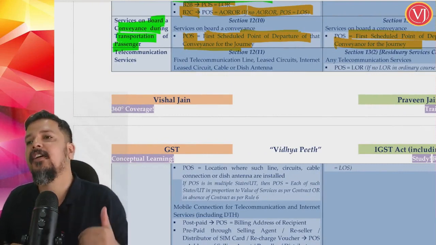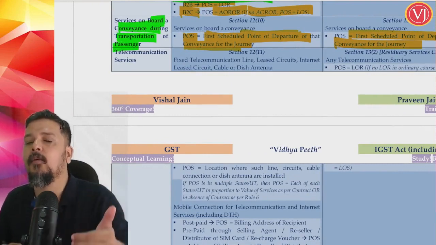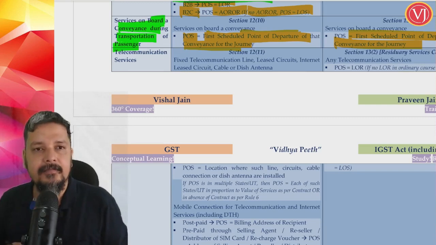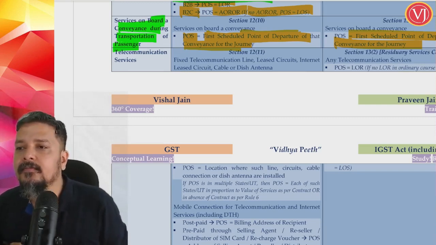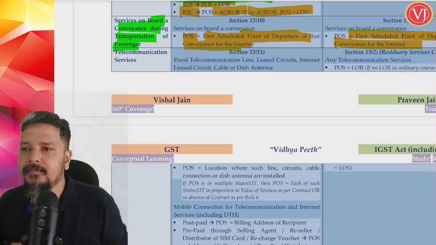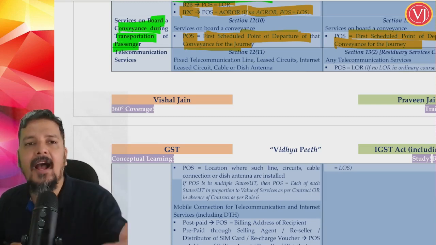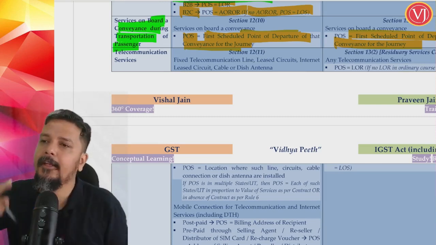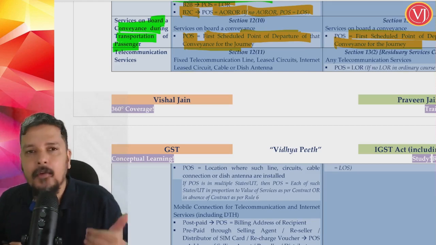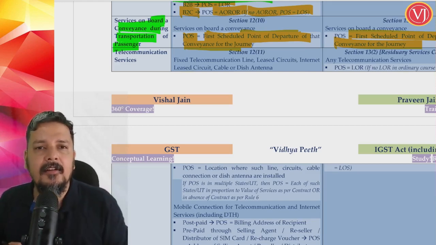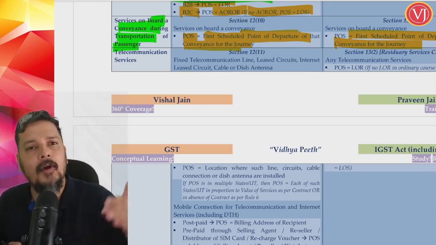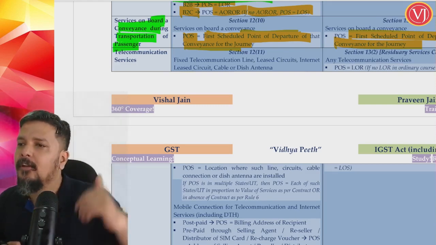Supposing the journey starts from Coimbatore via Bangalore, via Mumbai, finally to Delhi. Few of the passengers may have entered the journey at Coimbatore, few of them at Bangalore, few of them at Mumbai.